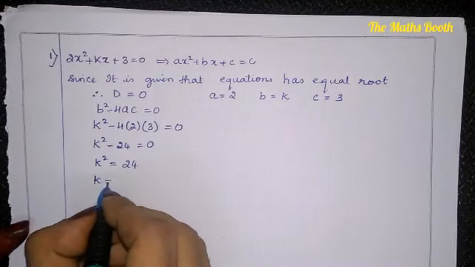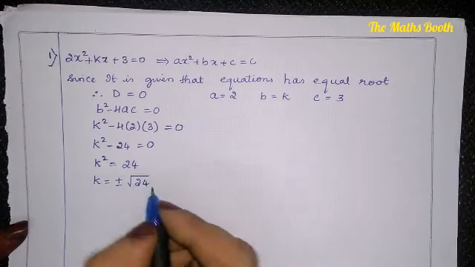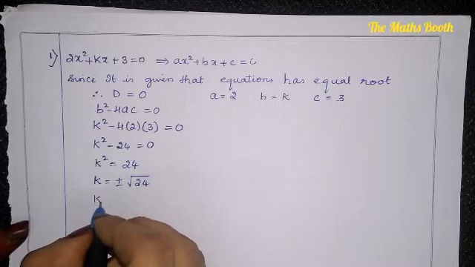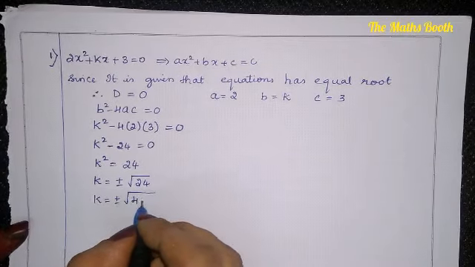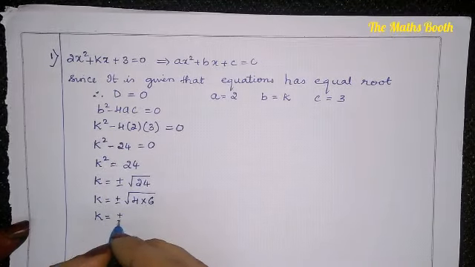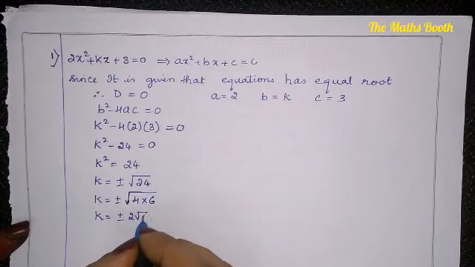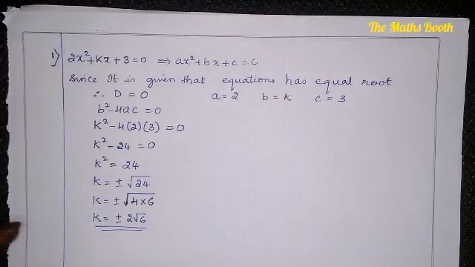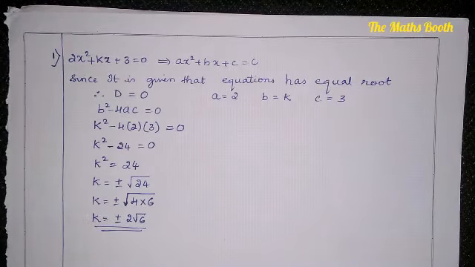K is equals to plus or minus root 24. So plus or minus root 24 is nothing but k is equals to plus or minus root 4 6s are 24, root 4 is 2, root 6. Find the value of k, they have told now. Therefore k is equals to plus or minus 2 root 6.